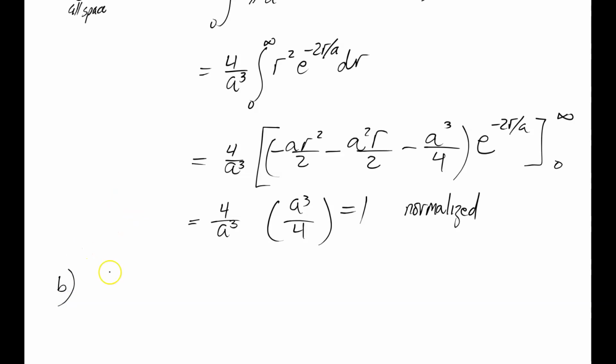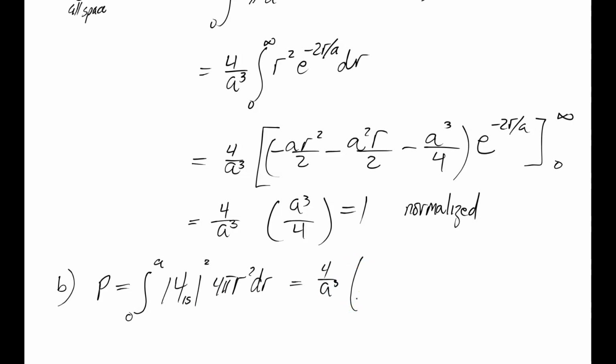For part B, to find the probability, we say P equals the integral from 0 to a of psi squared times 4 pi r squared dr. So this equals, as we've seen, 4 over a cubed times, if we look at this equation and put a in it, we will get minus 5a cubed e to the minus 2 over 4, and when we put 0 in there, we get minus a cubed over 4, so it turns into a positive.